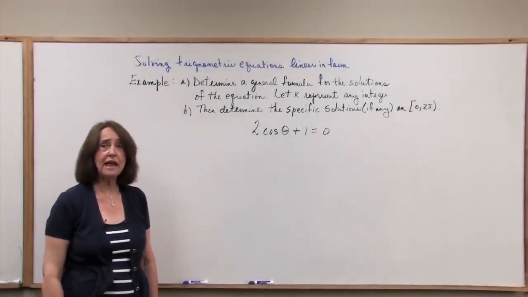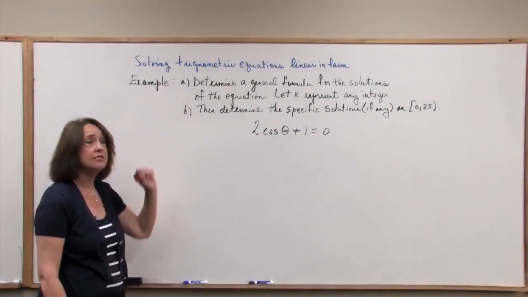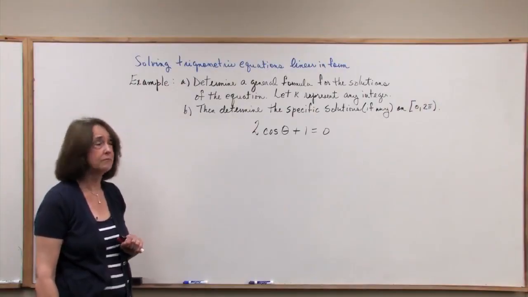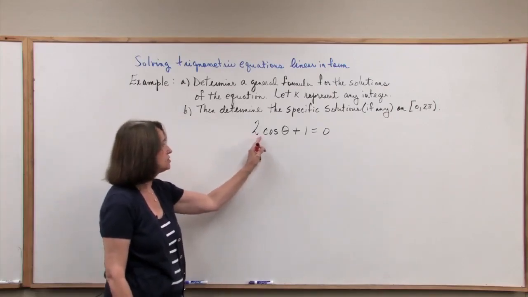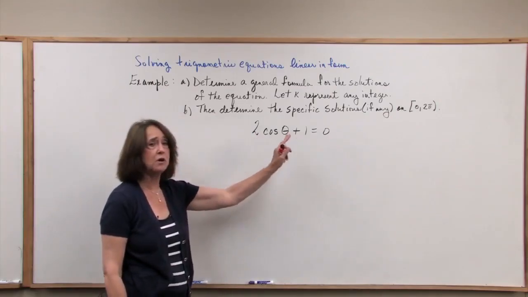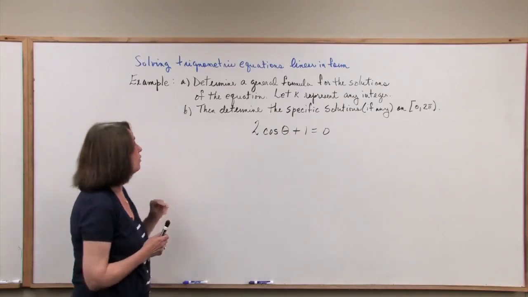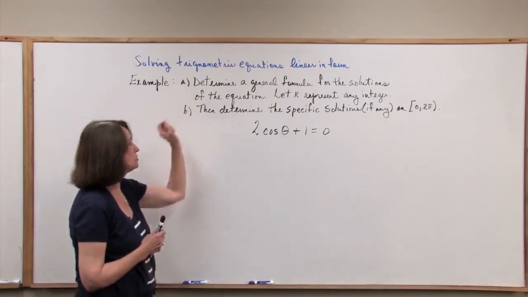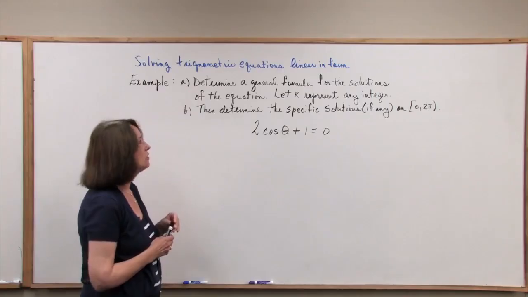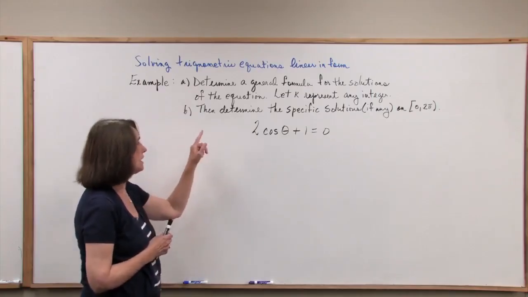We're going to look at trigonometric equations that are linear in form. The example that we spoke about earlier is 2 cosine theta plus 1 equals 0. And we want to do two things from our directions. We want to determine a general formula for the solutions of the equation.